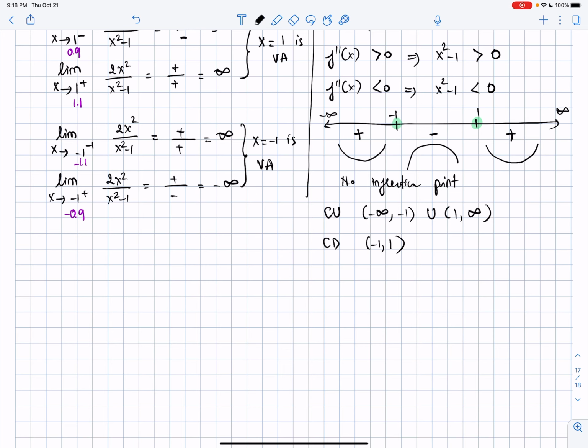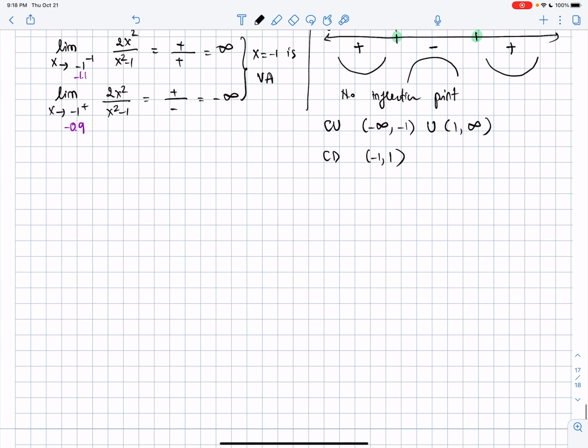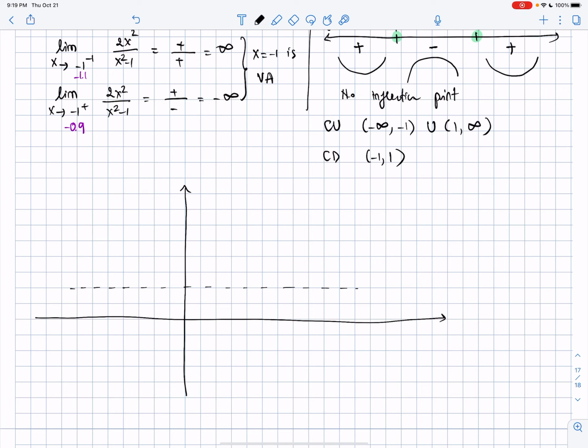We first begin with the asymptotes, okay? So we got the horizontal asymptote is y equal to 2, so let's label it. And also we draw the dashed line. And the vertical asymptotes are x equal to 1 and x equal to negative 1.